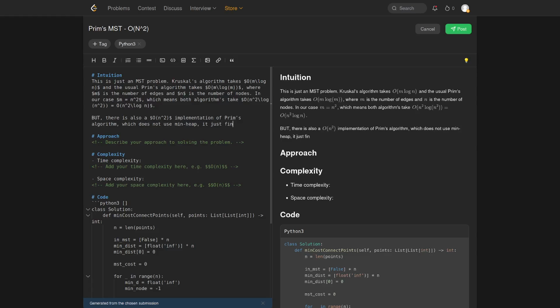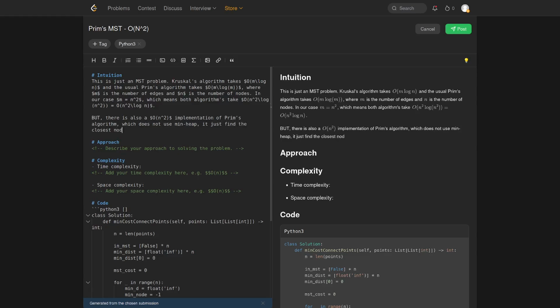It just finds the closest node by trying all nodes and then updates all nodes.